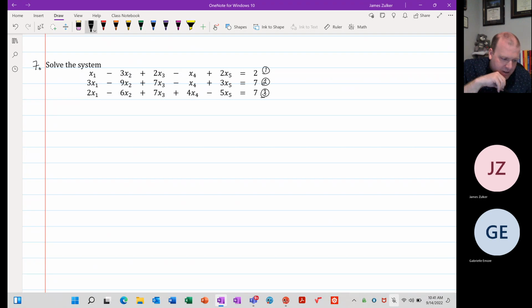Which one looks easiest? Well, it looks like x1 is probably going to be really simple to eliminate. x4 is also as simple to eliminate. I'm just going to stick with what I did. I'm going to eliminate the x1s first.